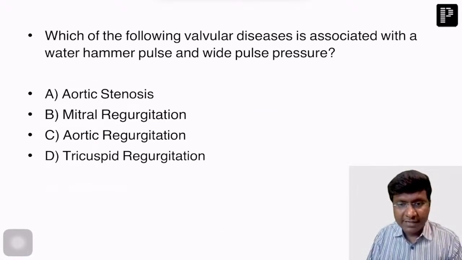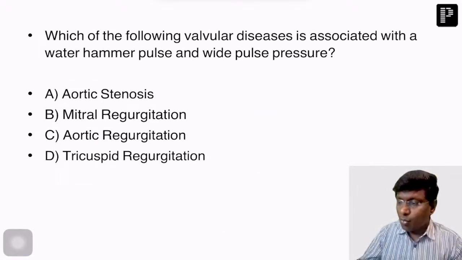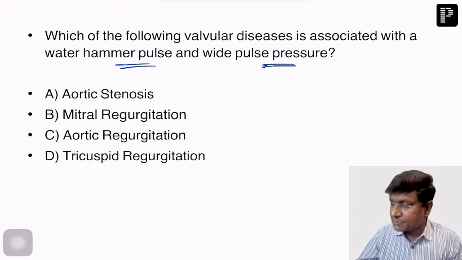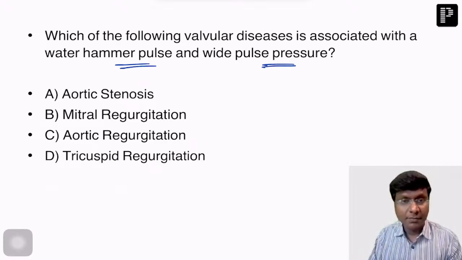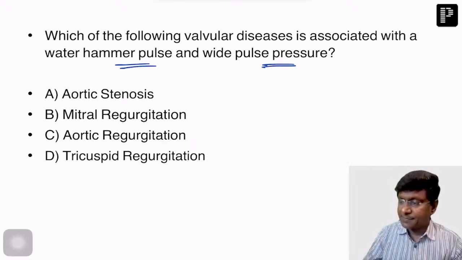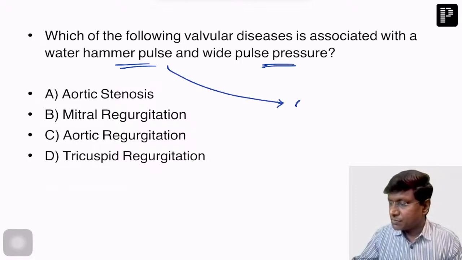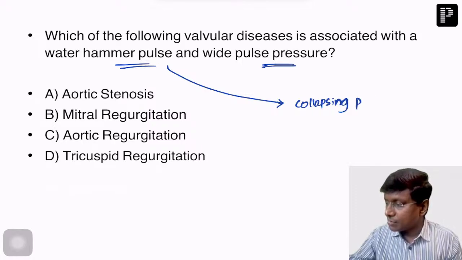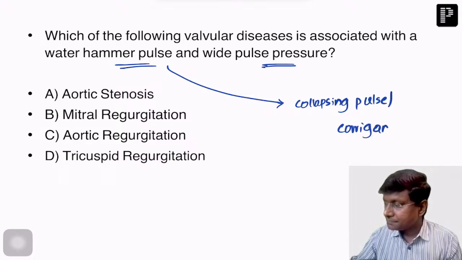Which of the following valvular heart diseases is associated with water hammer pulse and wide pulse pressure? Water hammer pulse, which is also called collapsing pulse, and this is also called the Corrigan's pulse.